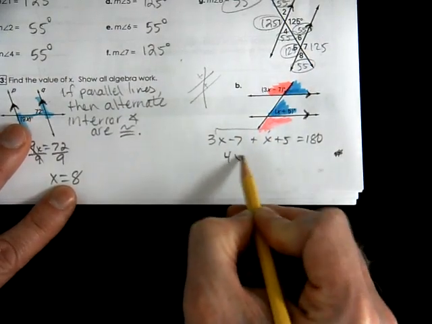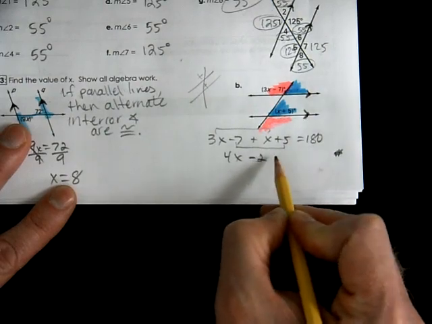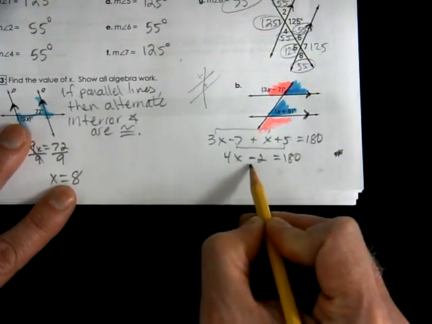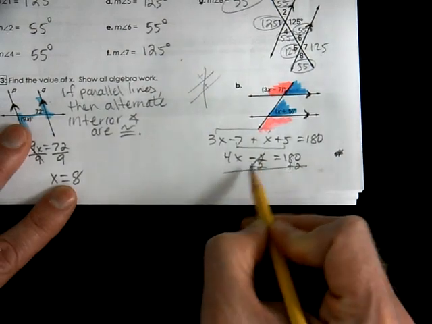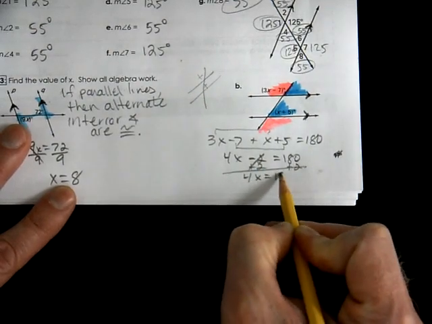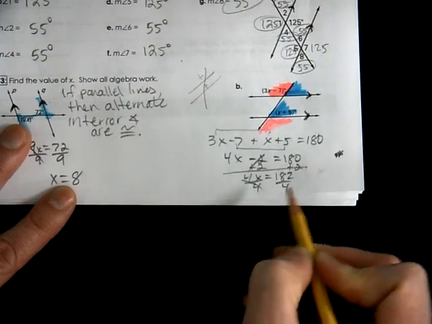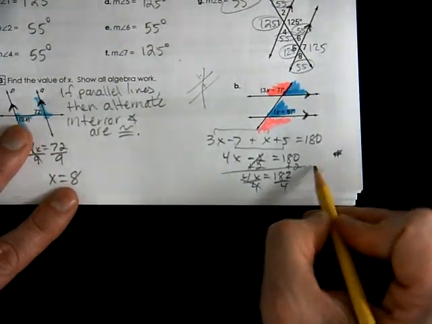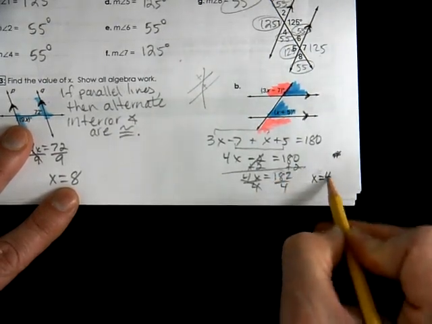Together the x's become 4x. Together the constants become negative 2. You add your 2 to the other side. We divide by 4. So 4 goes into 18 4 times.